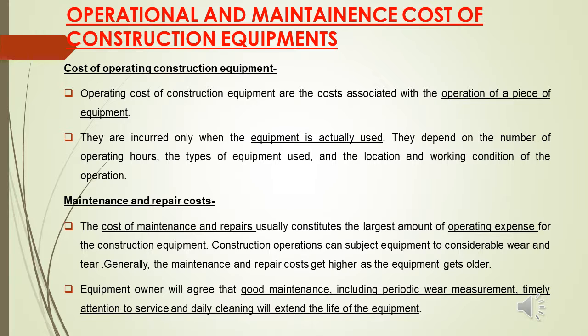Second is the type of equipment used. And the location and working condition of the operation, what work it is and which location. I hope you all got this. Cost of operating construction equipment relates more to the operating state of the equipment.